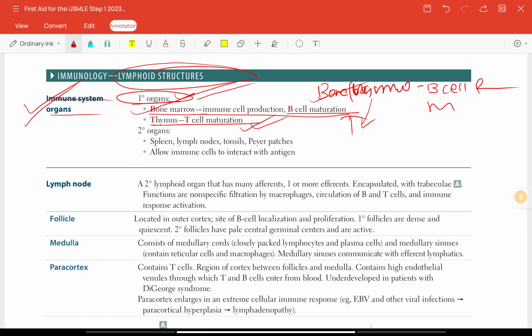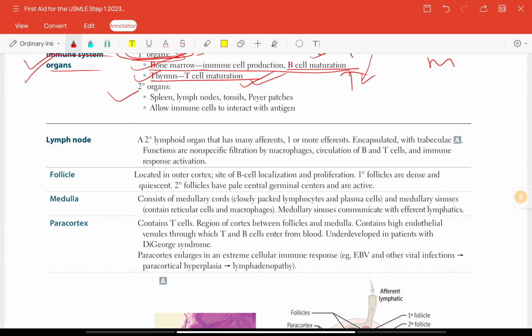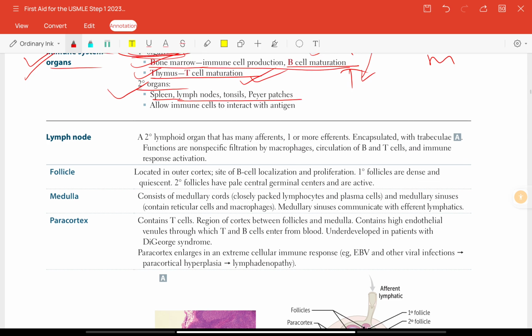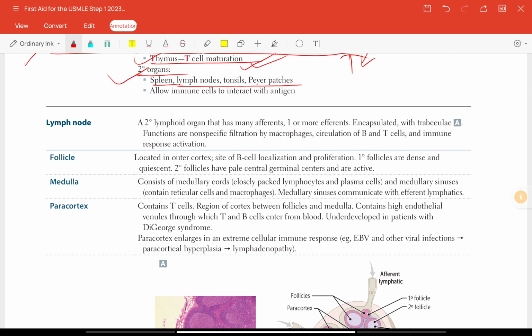So the bone marrow and thymus are primary organs. Likewise, talking about secondary organs, that is spleen, lymph nodes, tonsils, and Peyer's patches, they allow immune cells to interact with antigens.